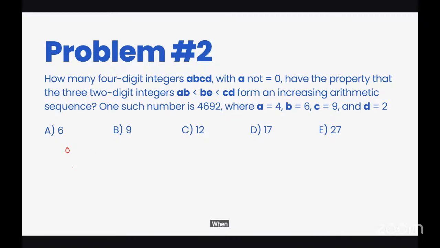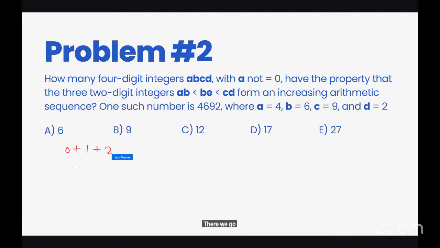When B is equal to 2, there is 1 valid value of C, making our count 1. When B is equal to 3, valid values of C are 4 and 5, making our count 2.